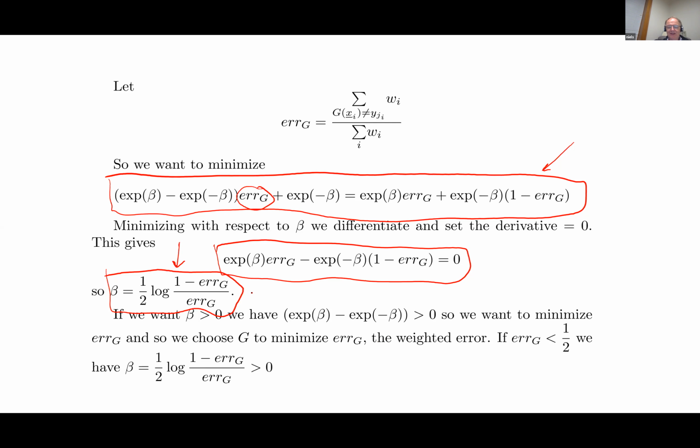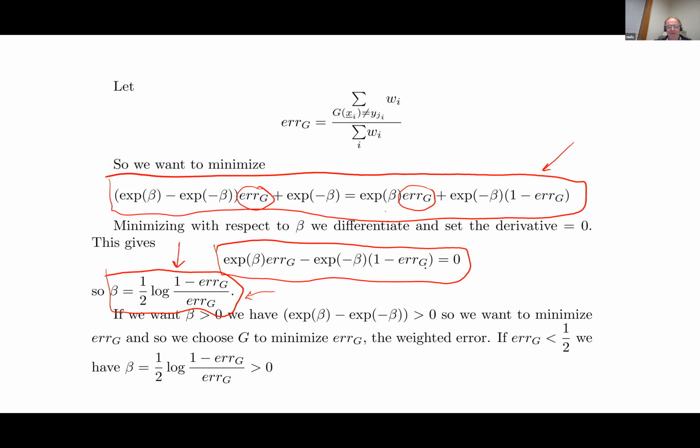I want to minimize the whole expression here, and because this is positive, that means that the one that minimizes this is the one that gives me the smallest weighted error here. So the beta and the weighted error that gives me the minimum is given by this beta, and then the minimum error I can get. So from G, I want to take the G that gives me the smallest weighted error.